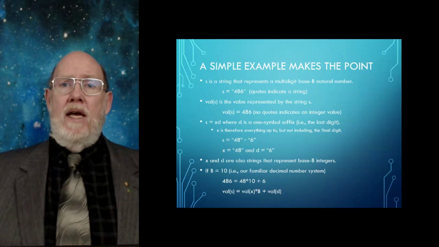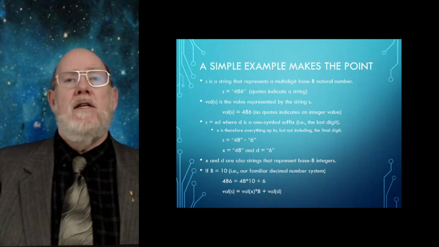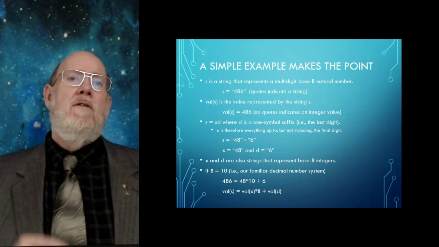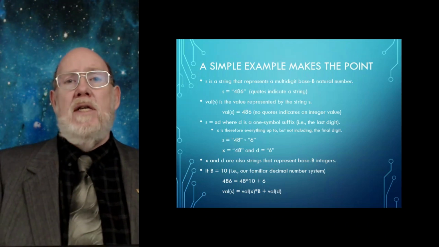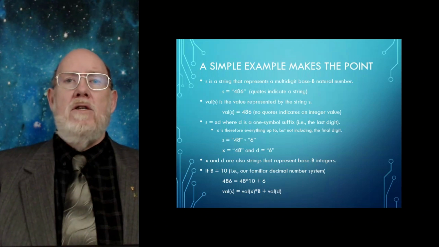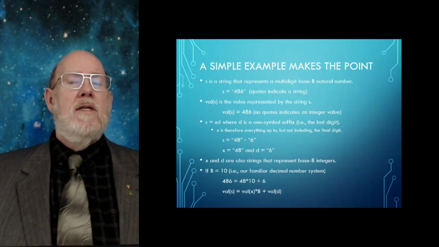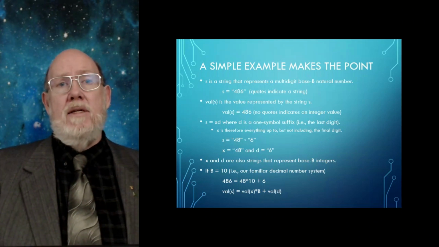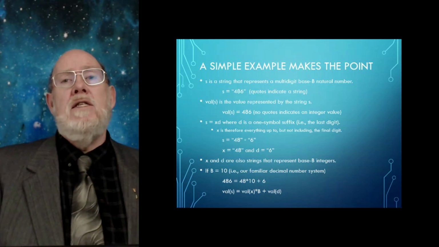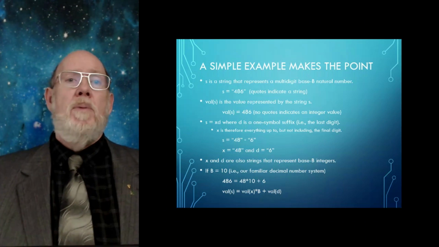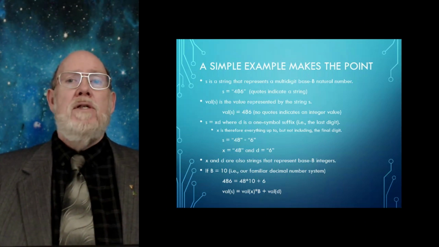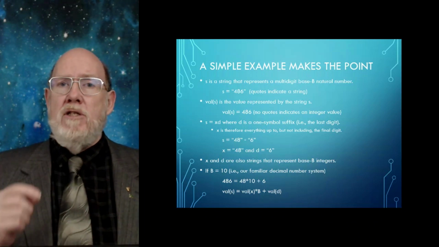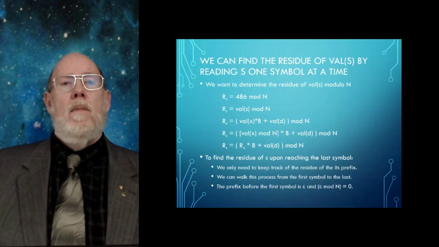If b is equal to 10, which is just our ordinary everyday decimal number system, then the value 486 can be written as 48 times 10 plus 6. We can link these two values to the strings that represent them using our val function. The result is that the value of the string s is the value of string x multiplied by the number base, and the result is then added to the value of the final symbol. This is the relationship that we're going to leverage.